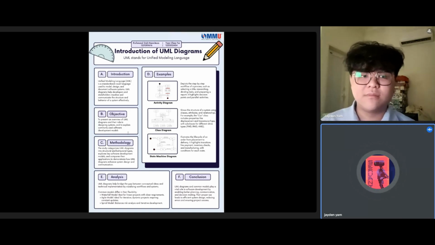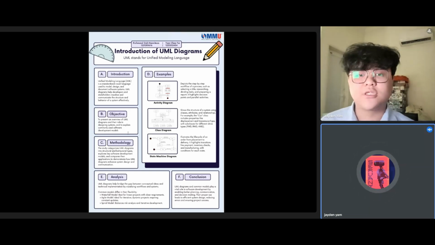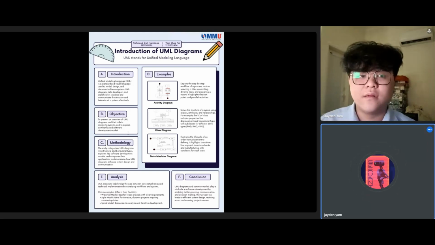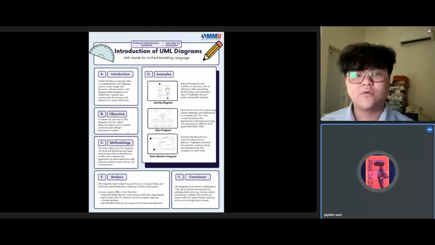The transitions between the states depend on conditions such as successful payment or inventory availability. This makes the state machine diagram useful for modeling systems where objects go through multiple states, such as an ordering process, manufacturing, or project workflow.